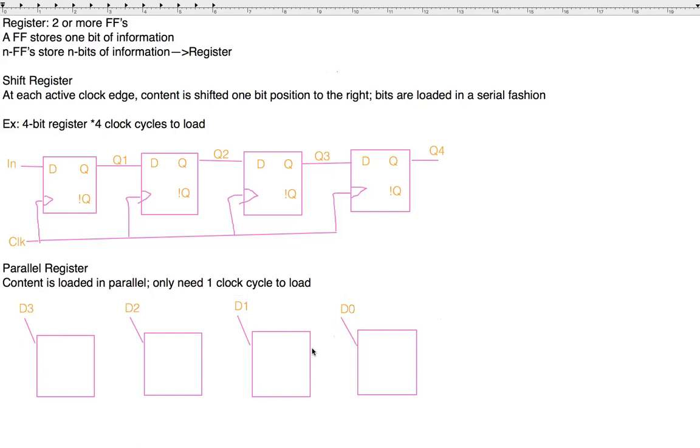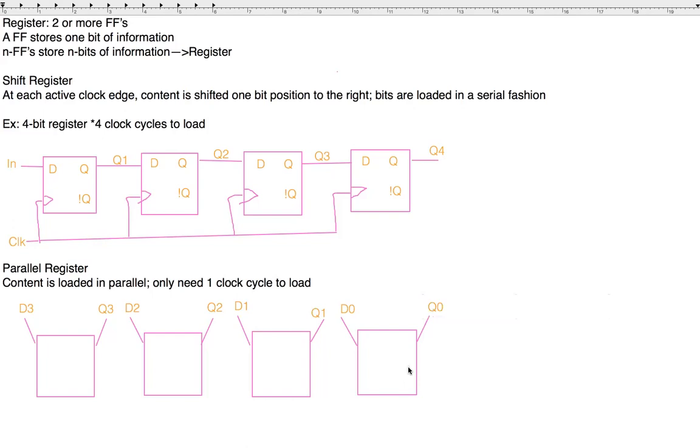And then we have to have our output from each individual one. So Q3, Q2, Q1, and Q0. Okay, now we got all the outputs. Now let's have our clock.